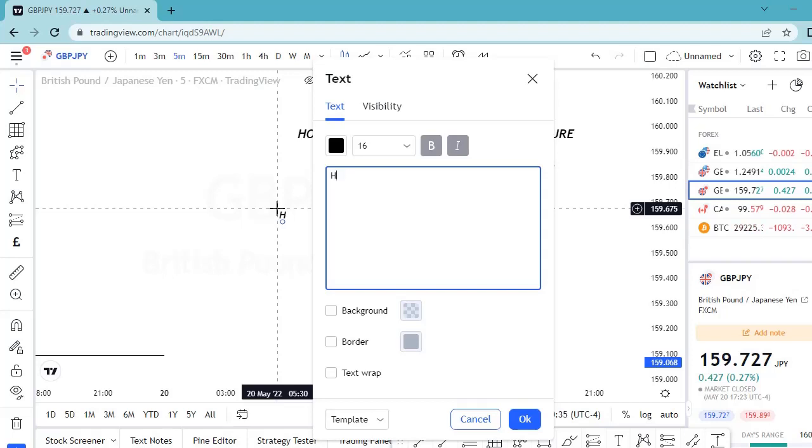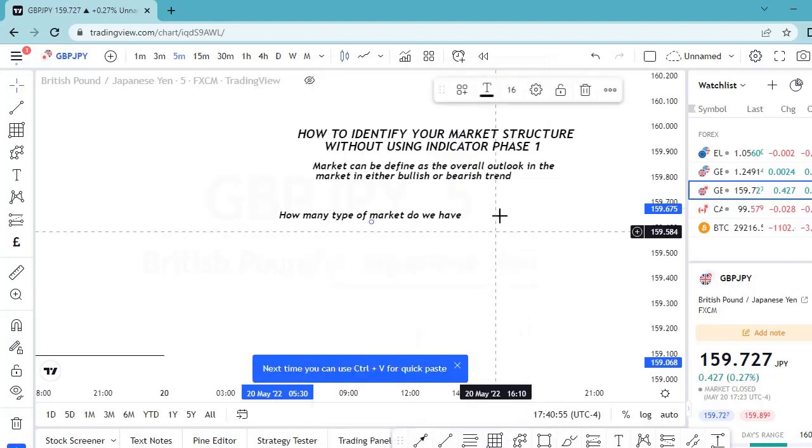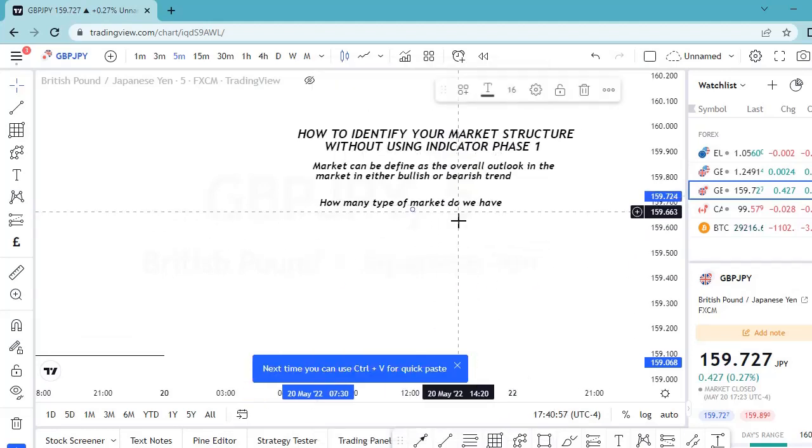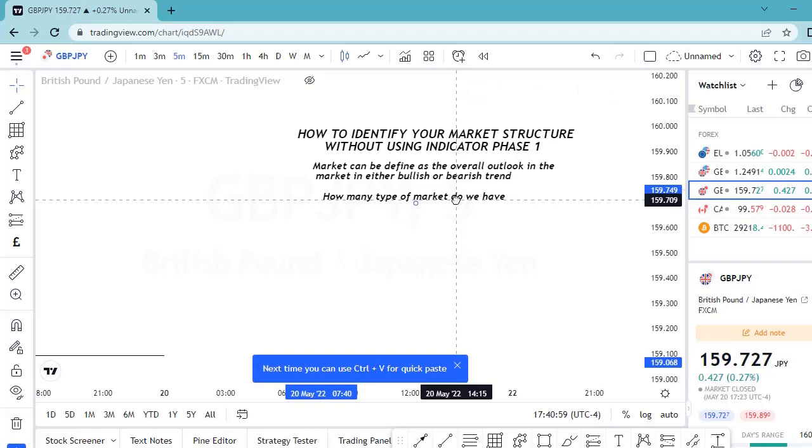How many types of market structure do we have? Okay, family, we have two types of market structure.